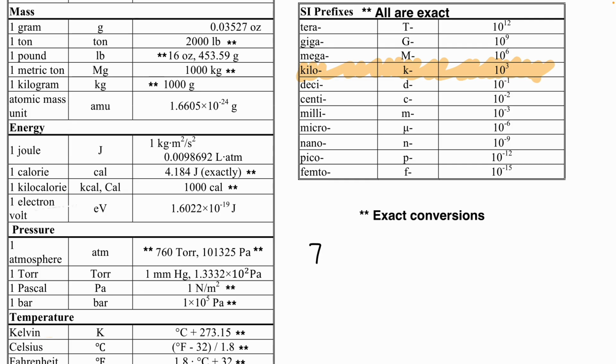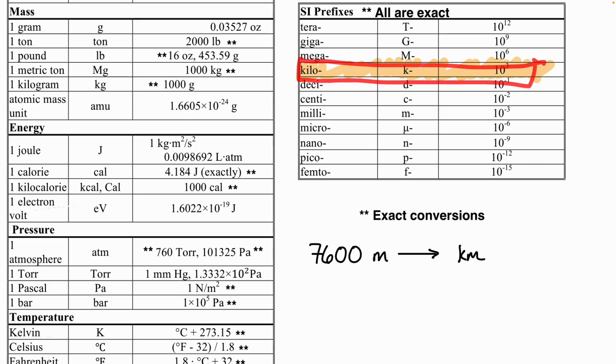And we're going to do that exact example that I just did, where we do 7,600 meters into kilometers. That's our goal, converting from one to the other, okay? So this entry right here in this table, we're going to build what we call a conversion factor.